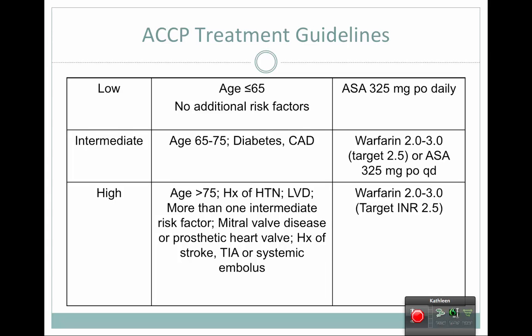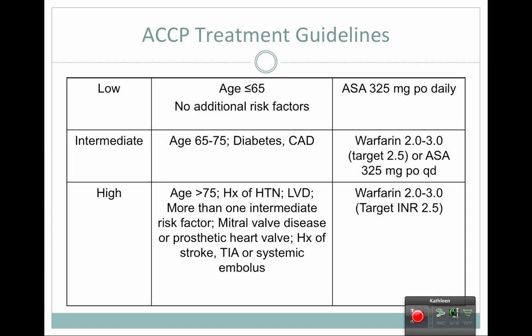American College of Chest Physicians: low risk, age less than 65, no additional risk factors, aspirin. Intermediate, age 65 to 75, diabetes or coronary artery disease: warfarin or new oral anticoagulants, or aspirin 325 milligrams PO daily.